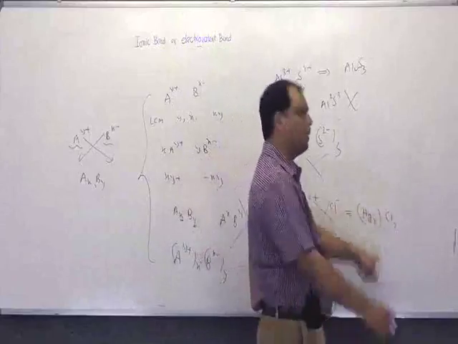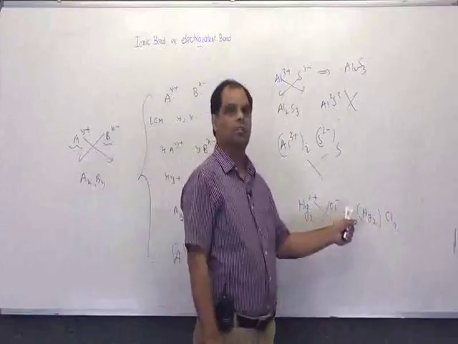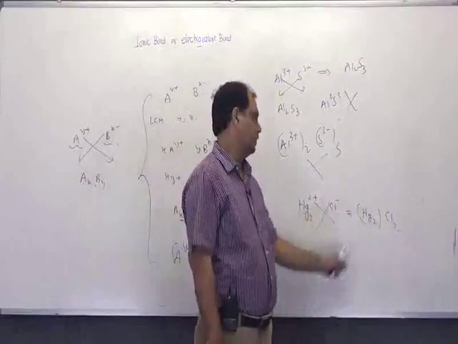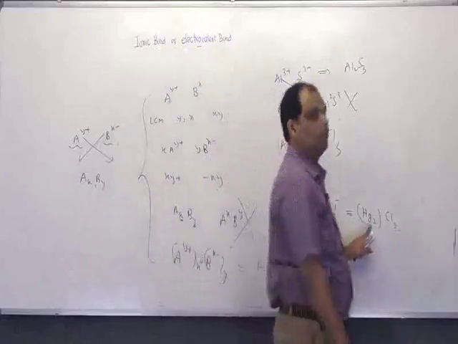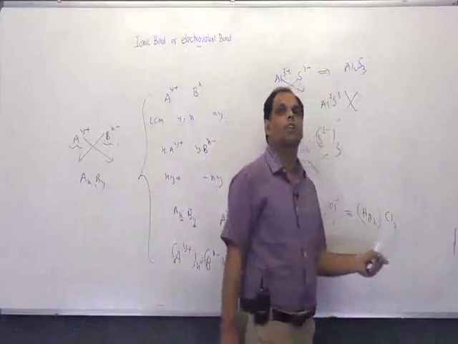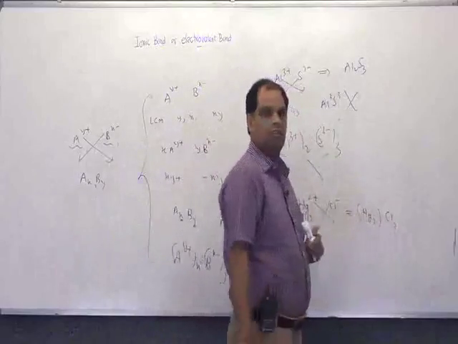We cannot cancel it. It is not an empirical formula. It is the simplest formula, in the simplest ratio of ions maintaining charge balance. We are not allowed to play with the formula of the ion, only adjust numbers. So we cannot cancel out 2 and 2.